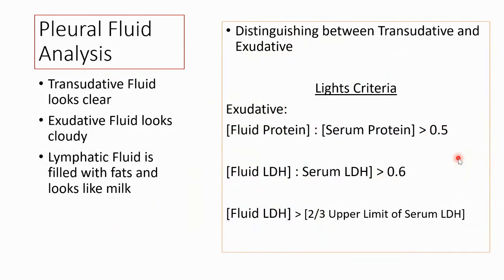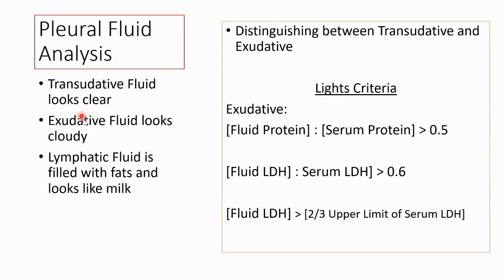As far as pleural fluid analysis, something important to know is once we do thoracentesis, the fluid is sent to the lab. We need to know if it's a transudate or an exudate, right? It matters, because that's how we know what the cause is. And if it's an exudate, that's a little more serious than a transudate.